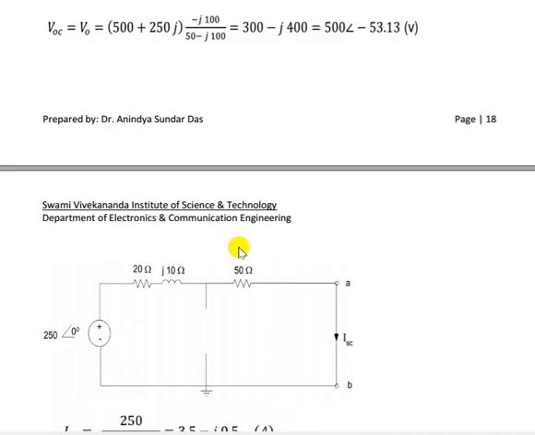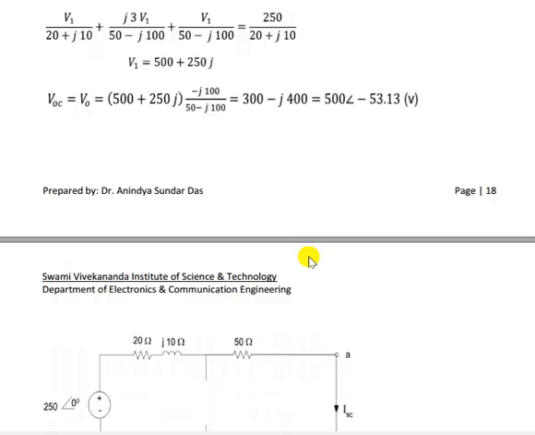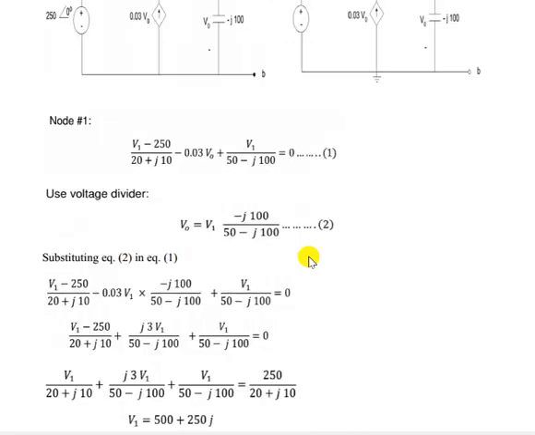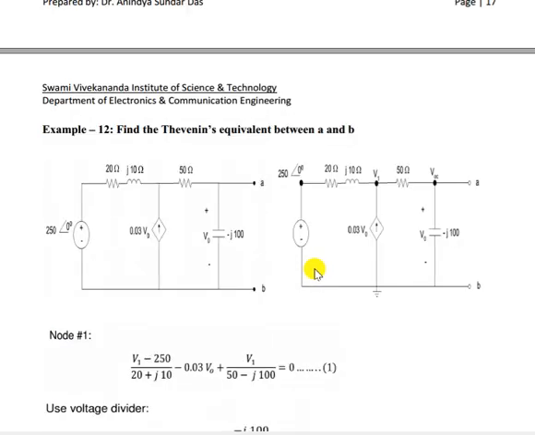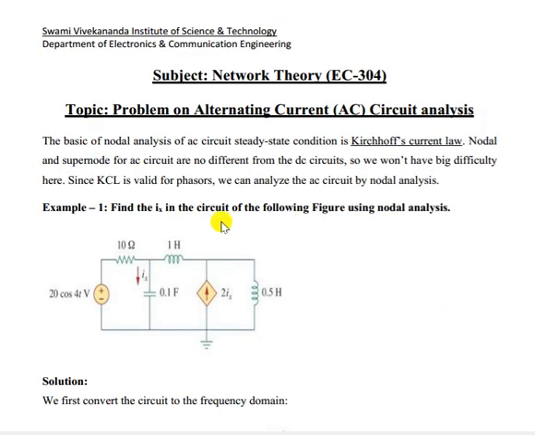So this is it for today. Try to practice as many problems as you can. You can take problems from books and practice. This is the same concept you have to apply to solve any kind of AC circuit analysis. Whatever you have studied in DC circuit analysis, the same process applies.